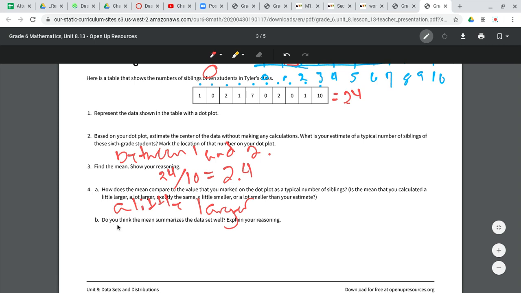So for B, do you think the mean summarizes the data well? Explain. So is this mean a good representation of this data?